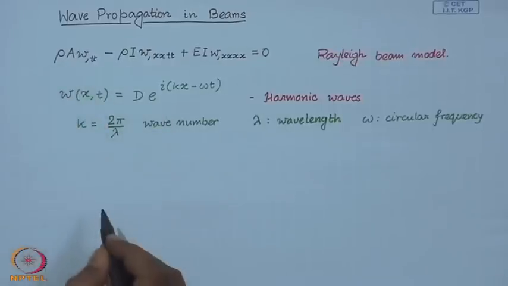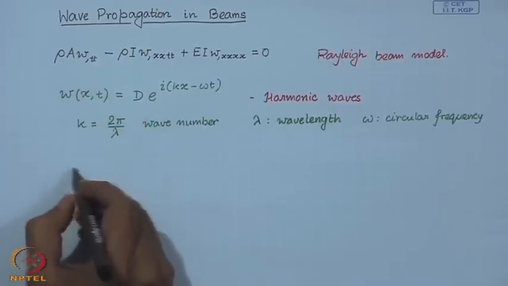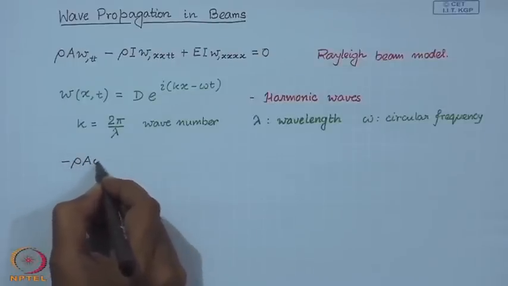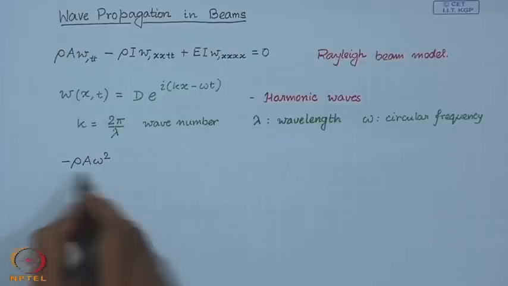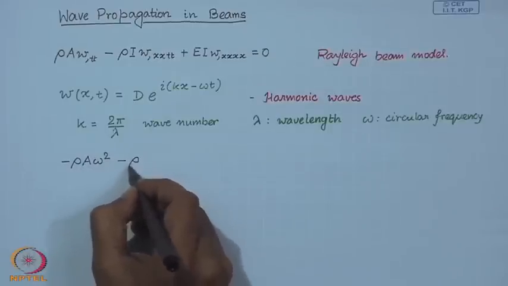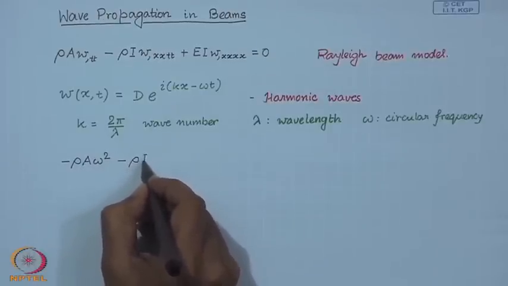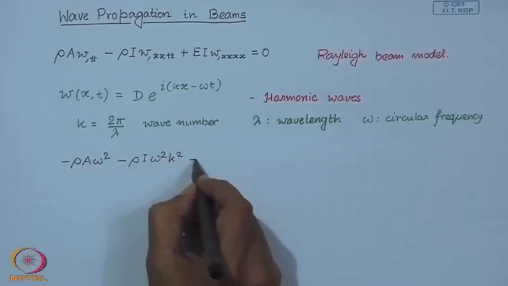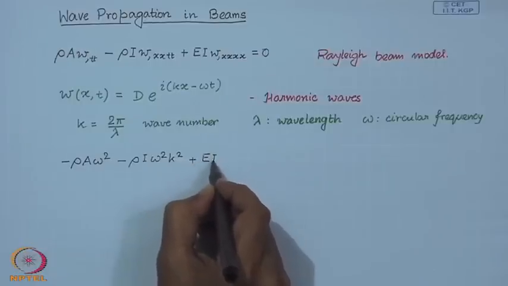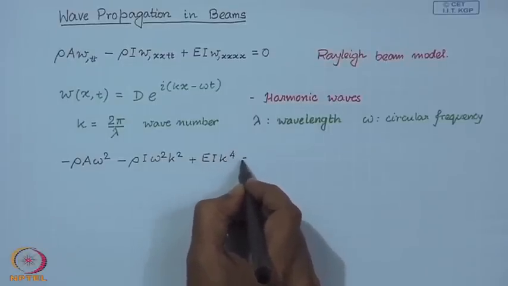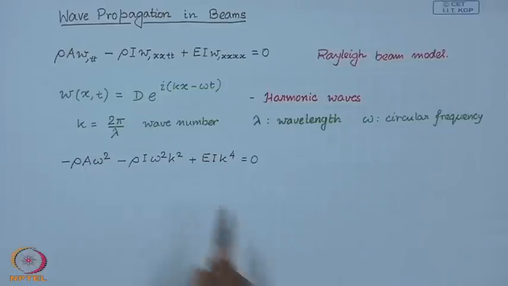So, when we substitute this in the equation of motion, we will obtain this relation between omega and k.